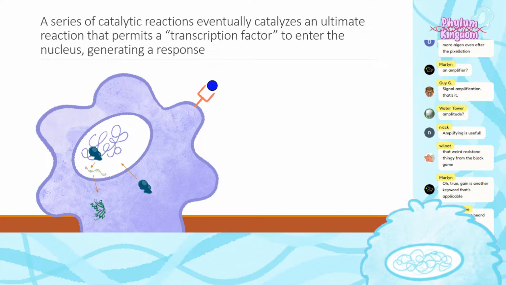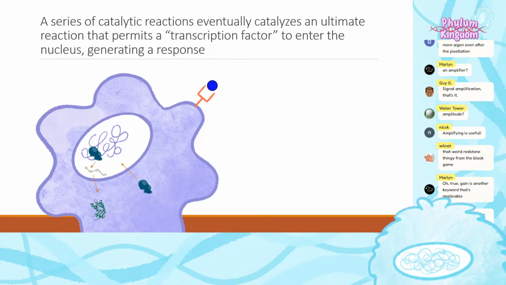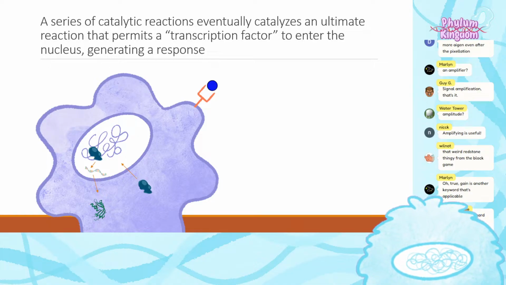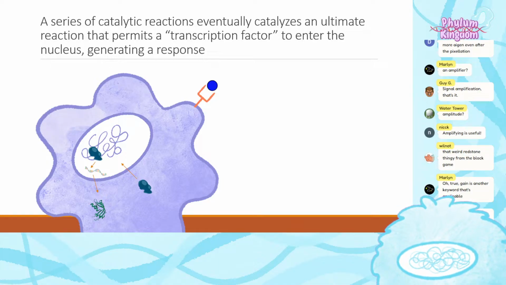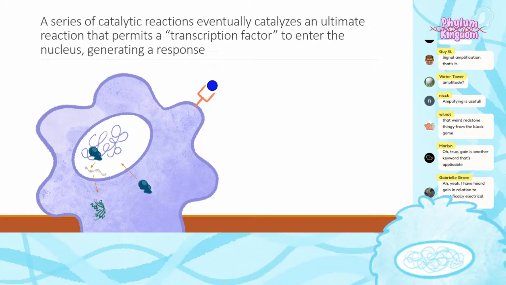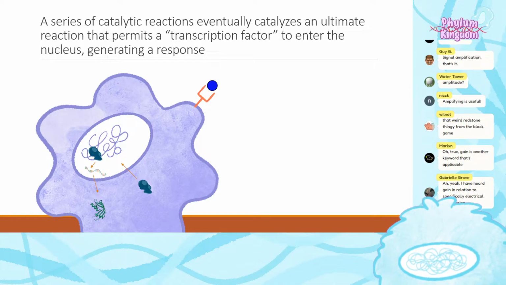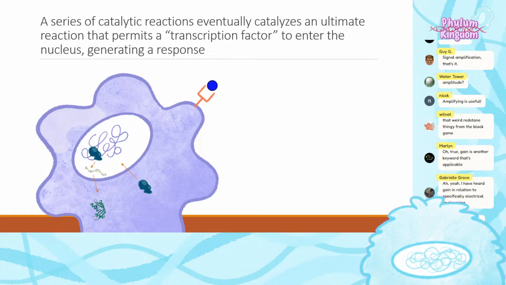So you have a series of chemical reactions that amplifies and that generates a signal that is loud enough to cause chemical reactions on these specific proteins that will enter the cell and activate a response, right? This protein will bind to a certain region of DNA, which will then make it easier for an RNA polymerase to bind. That RNA will be made, and then that RNA will be made into a protein.